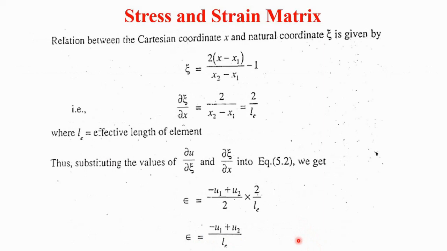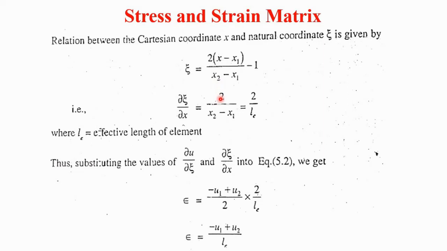Now the relation between the Cartesian coordinate system and the natural coordinate system, that is x and zeta, is zeta equal to 2 times (x minus x1) divided by (x2 minus x1), minus 1. Taking the derivative of zeta with respect to x, ∂zeta/∂x is equal to 2 divided by (x2 minus x1), because the derivative of x with respect to x is 1.